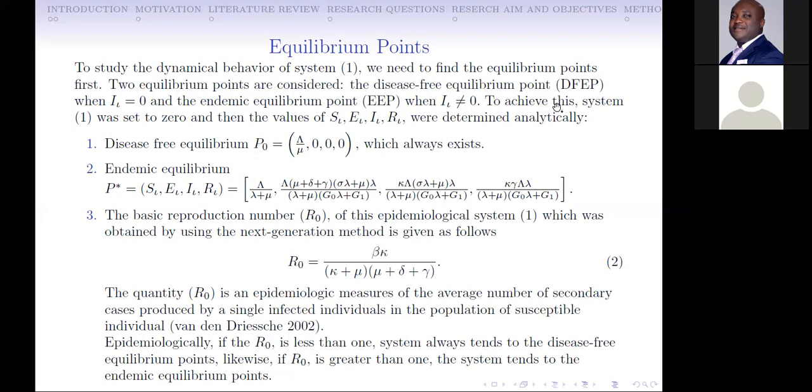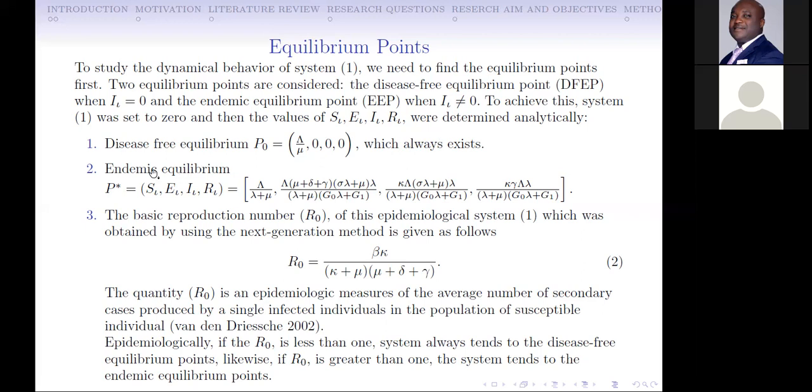To achieve this, system 1 was set to 0, and then the values of S, E, I, R were determined analytically. The first one is the disease-free equilibrium, which is Pi over mu for the susceptible class. Then the 0, 0, 0 here are the other classes.